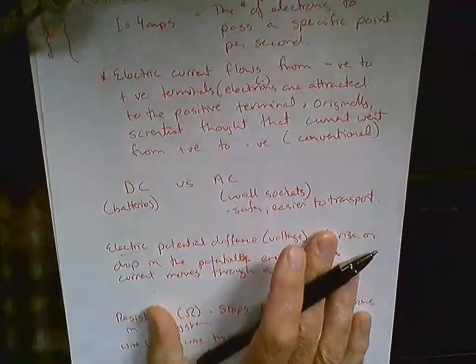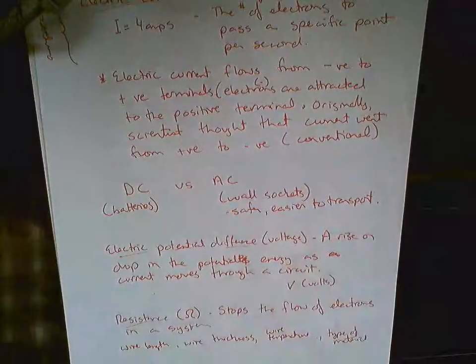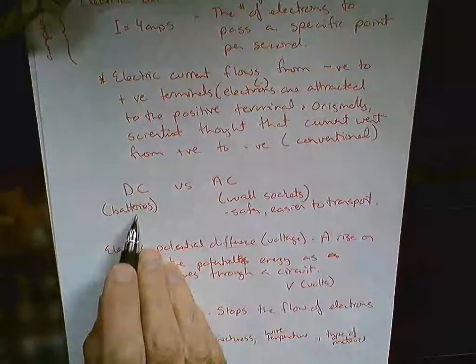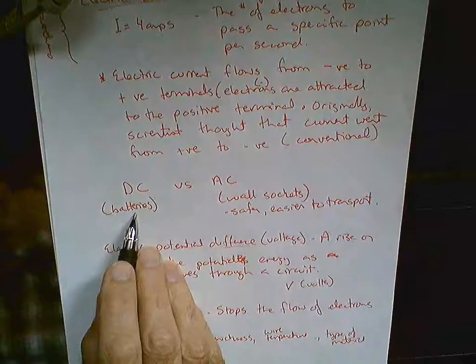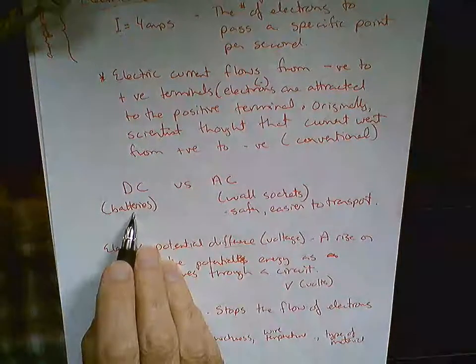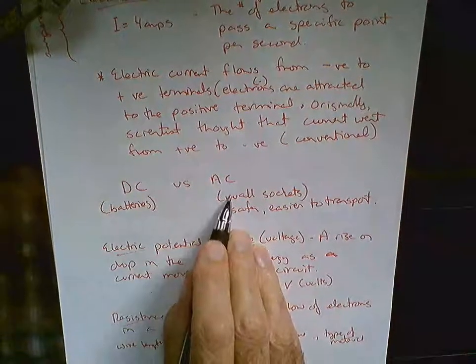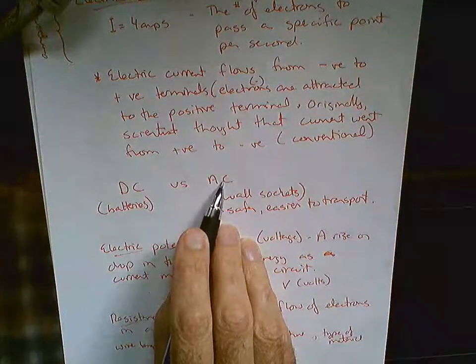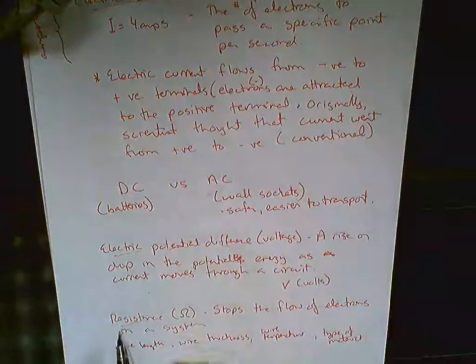Now, just talking about electrical current, we can talk about direct and alternating current. Direct current, an example here would be batteries, and basically that is just the flow from the negative terminal to the positive terminal. In alternating current, the electrons are vibrating at a very high frequency as they travel.